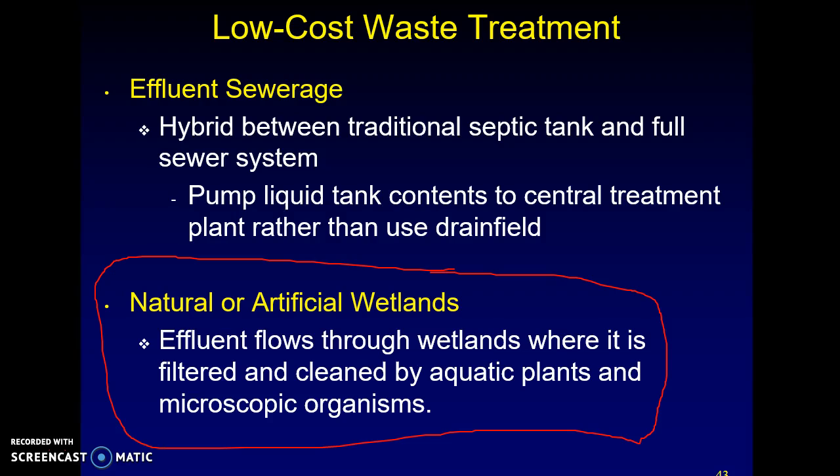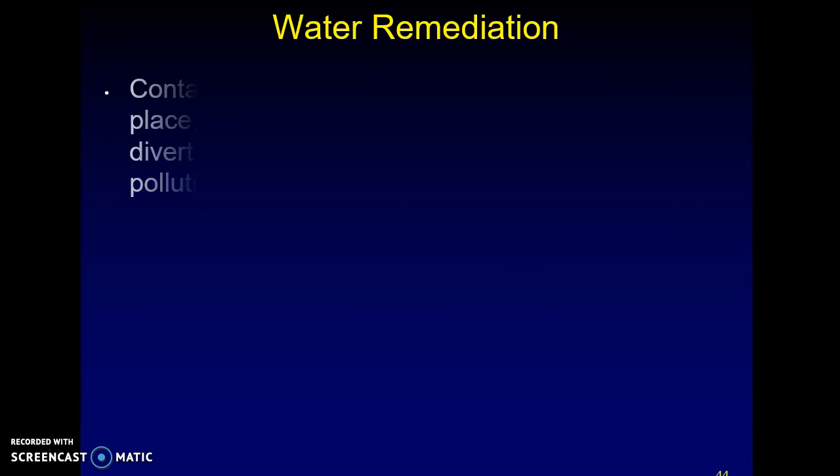The cleaned up effluent that flows through them provides food for fungi, for bacteria, for algae, for the plants, for the animals that live in there. So it's a nice self-fulfilling system, which brings the cost down.